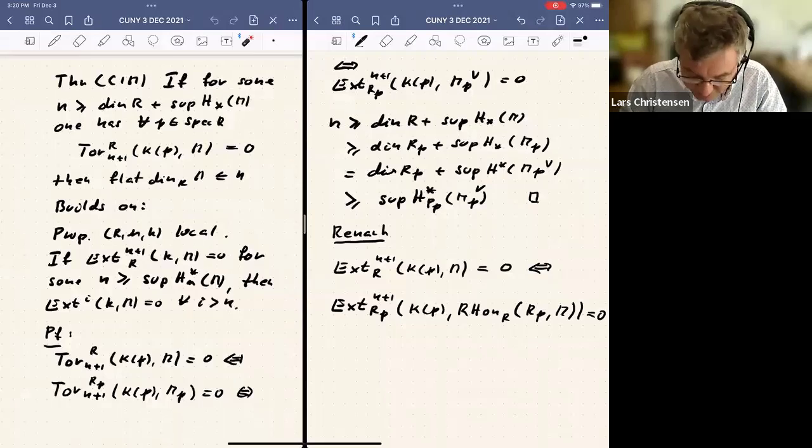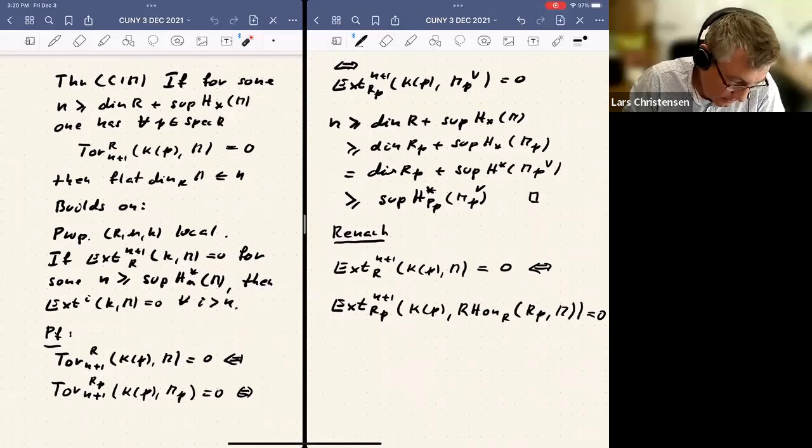So one ends up with a statement like this, that vanishing of X with coefficients in Kp globally over R is exactly the same as vanishing locally over Rp, but now not of the localization, but rather the co-localization of the complex. And what is the problem with that?